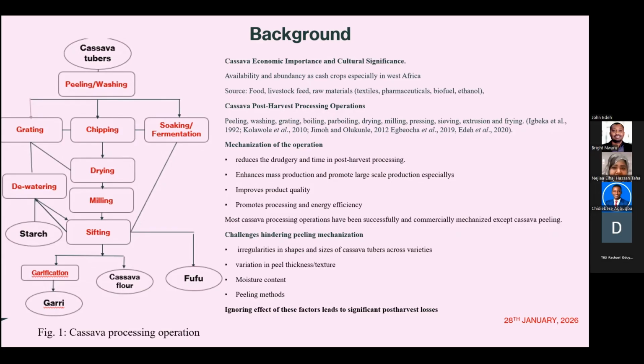And in the West African sub-region, it is one of the major crops found there, and over 90% of households consume these products directly or indirectly. But the challenge is that this cassava has to pass through certain processes for it to be ready for consumption or for raw materials.